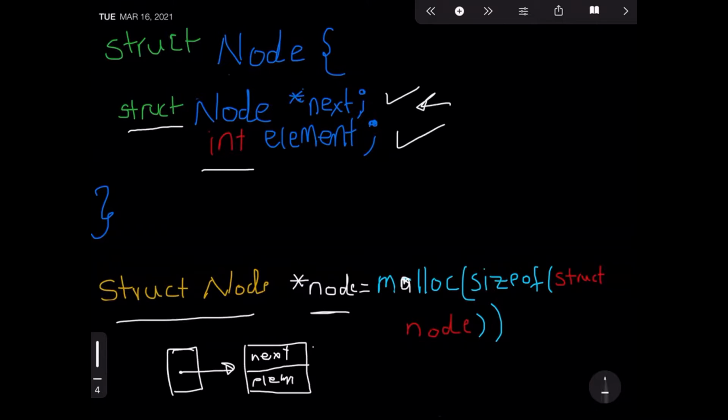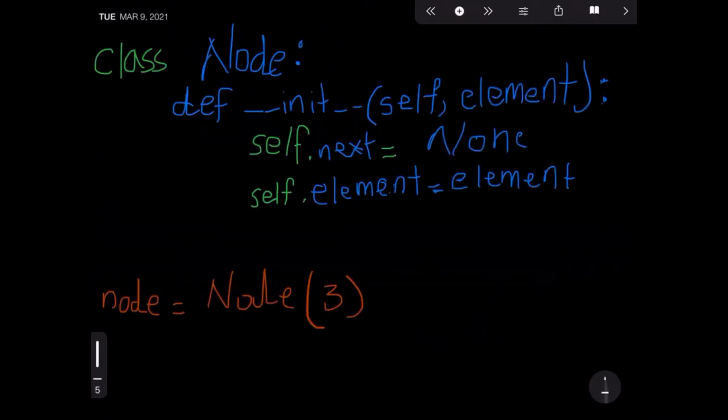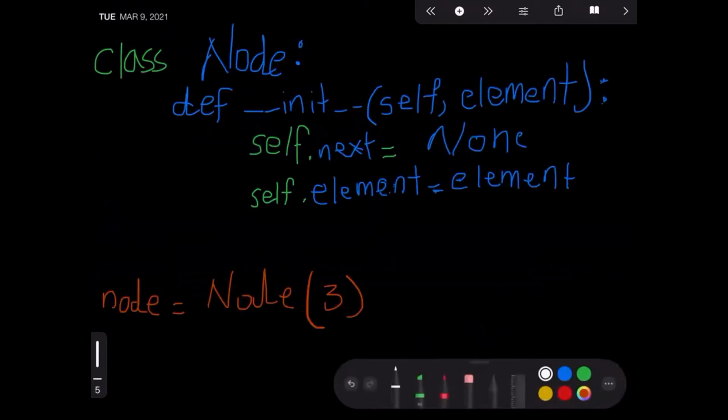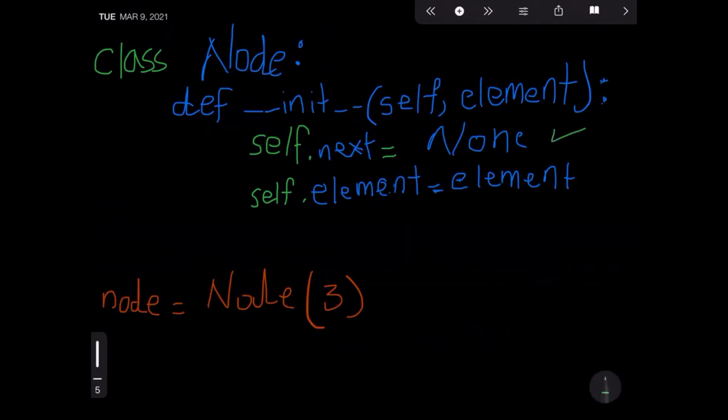Now, with that being said, let's see an example of a struct in Python. I've also gone ahead and prepared an example for us in Python. As we can see, we have two fields: a pointer that is the type of the same struct, and then we also have a variable that is a type of integer.